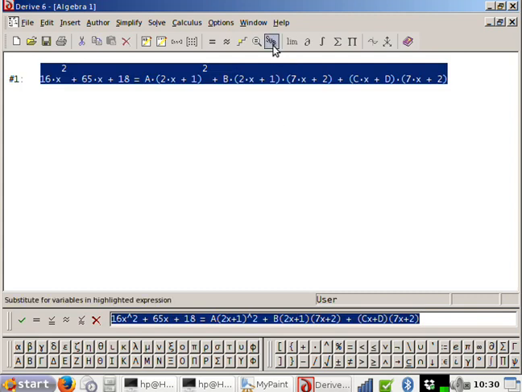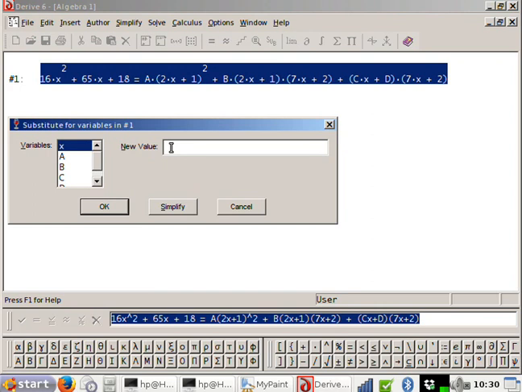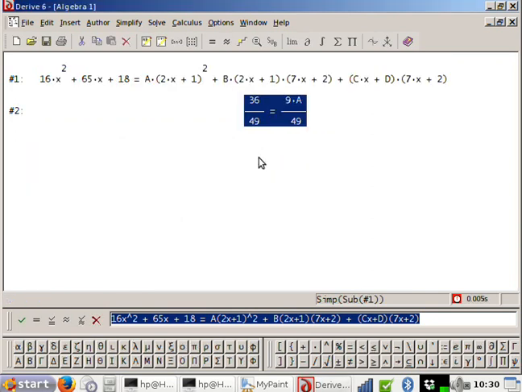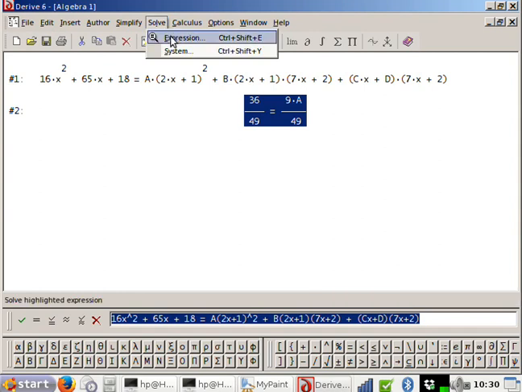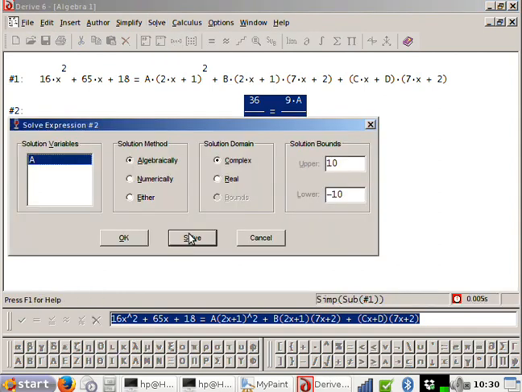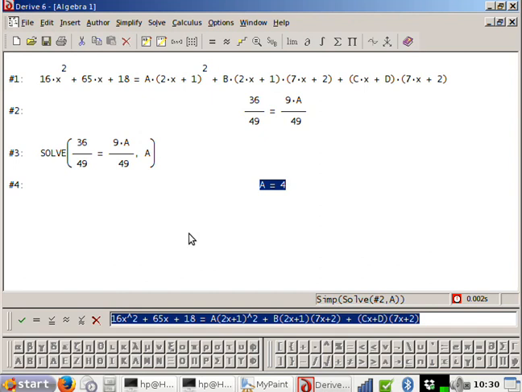What did I make x equal to at the start in my last one? Minus 2 over 7. So if you put in minus 2 over 7 and simplify it down, you'll end up getting this, because the x is known and the B and the C terms cancel. So I can solve this now for A. A is 4 when you sub it in and simplify.